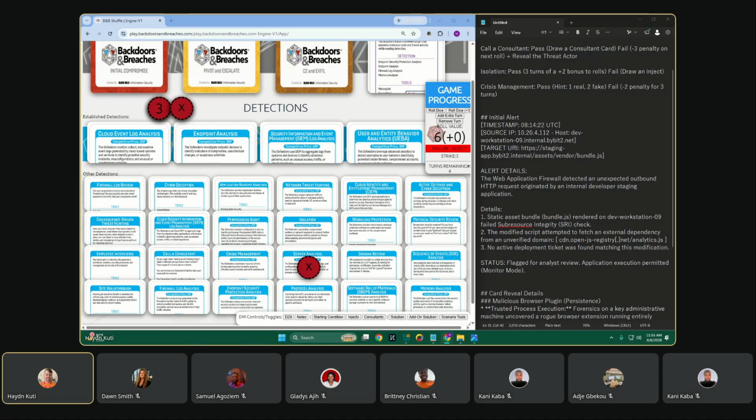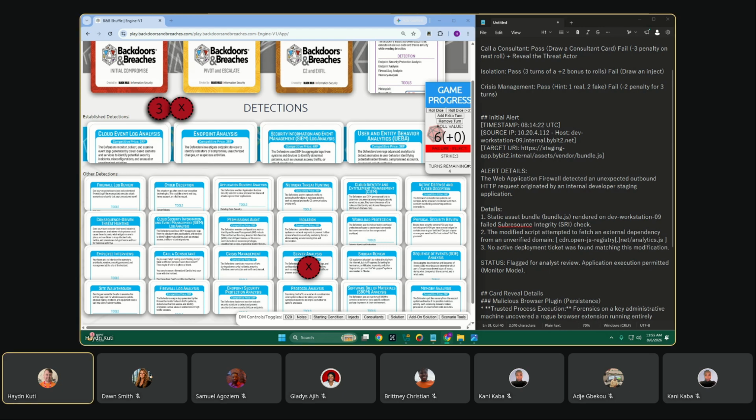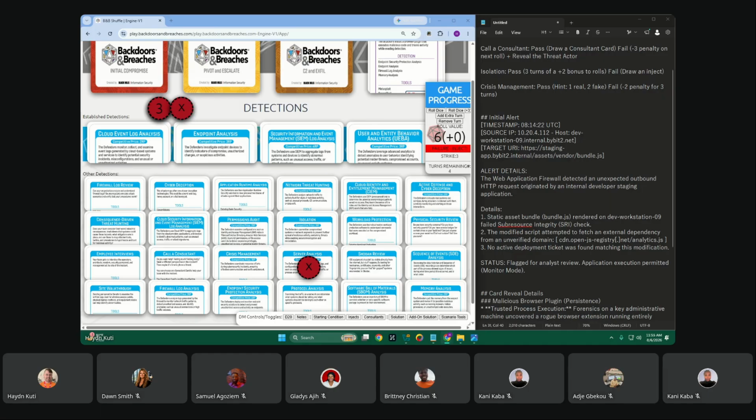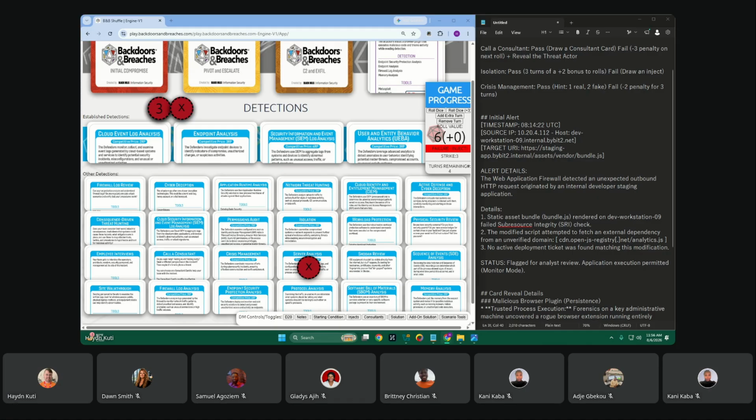Any other votes, guys? Endpoint analysis or firewall log analysis right now is the two we're between. They're both good choices. Endpoint analysis does get that +3 to the dice roll. What do you think, Samuel? What do you think, Connie, Brittany? I say endpoint analysis. Yeah, let's go with endpoint analysis.